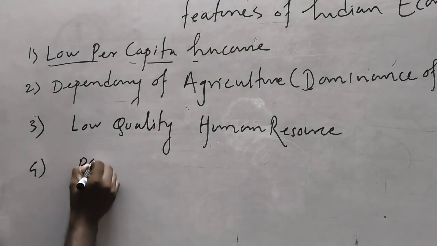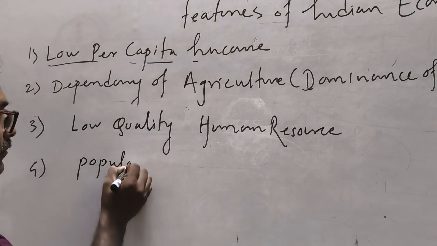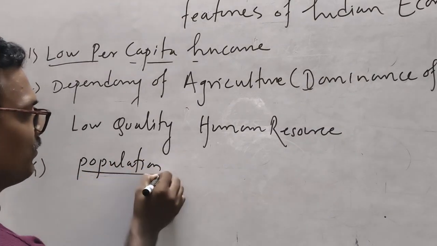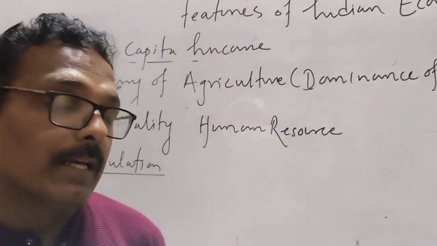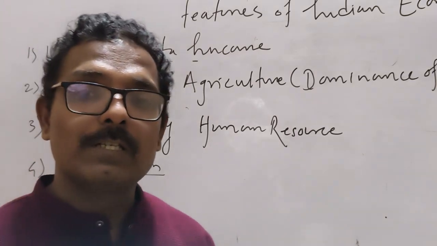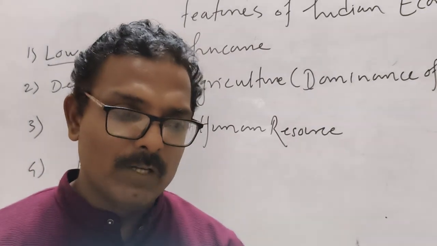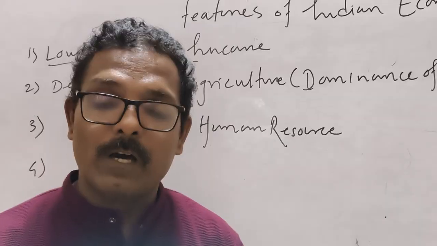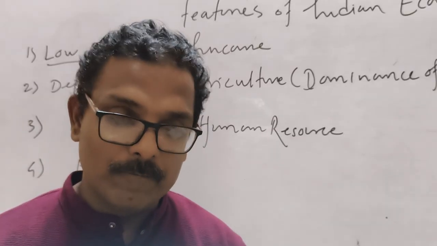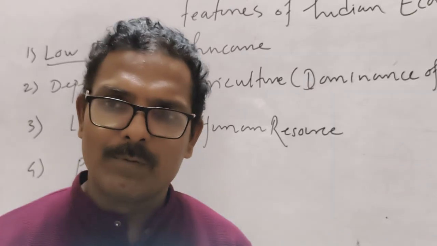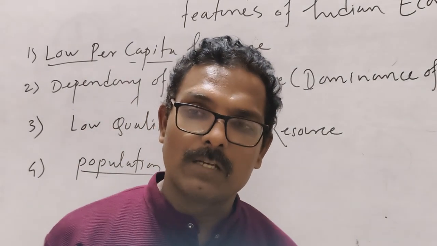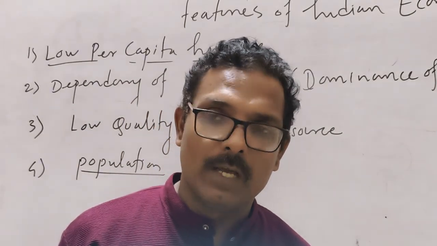Population, or overpopulation, is one of the features. We are aware that overpopulation is a key feature. Whichever concept we study, population is always there to learn about, and it comes with every problem we have.